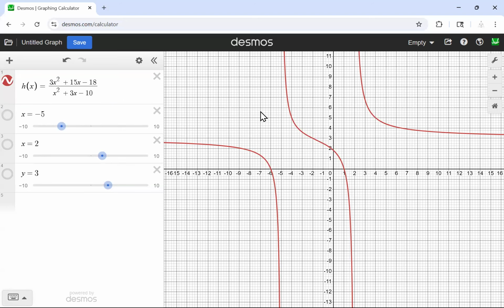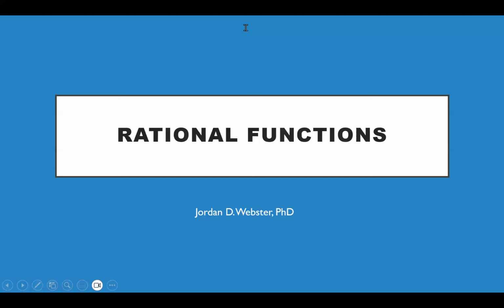So all of the features of the graph that I thought should work seem to be working. So that's it for this video. This was a long, pretty extensive video on how to find vertical and horizontal asymptotes of rational functions, and then x and y intercepts of rational functions.